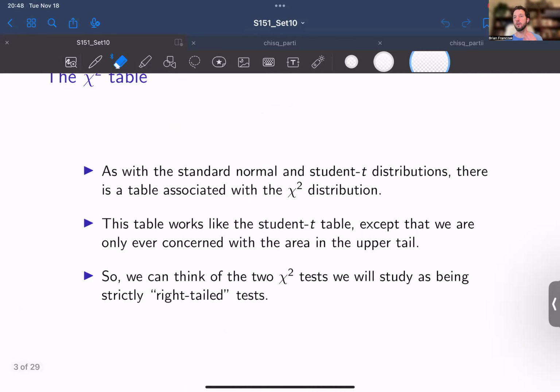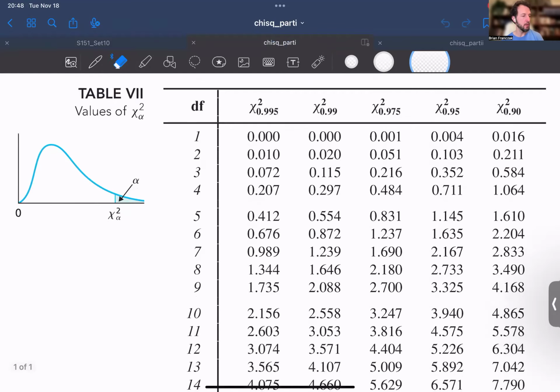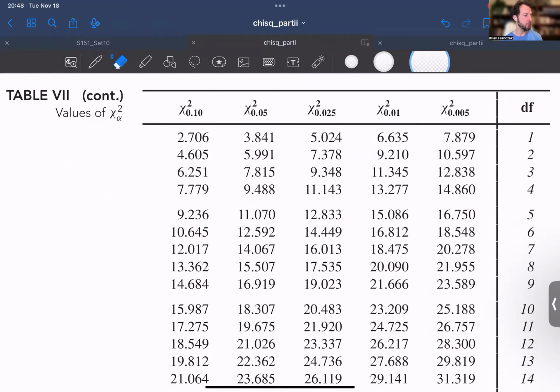Once again, we have to be able to find critical values and p-values using this curve. Just like the student t curve, this curve has a table associated with it. That table has two pages. This is page one, and then this is page two.